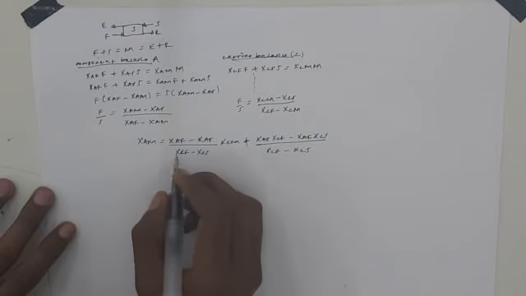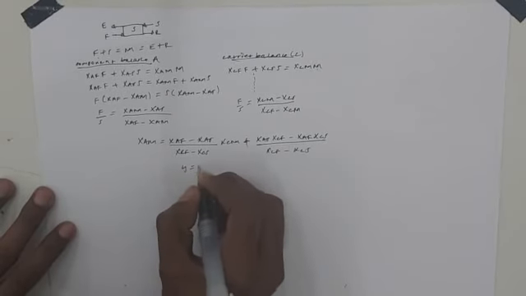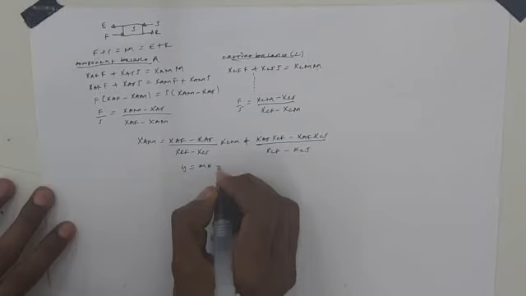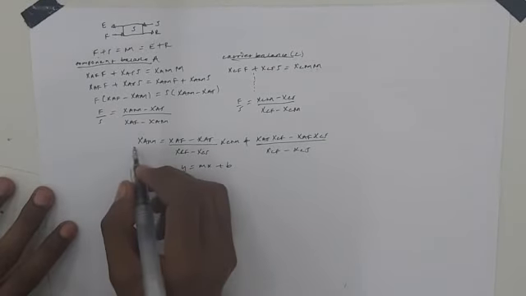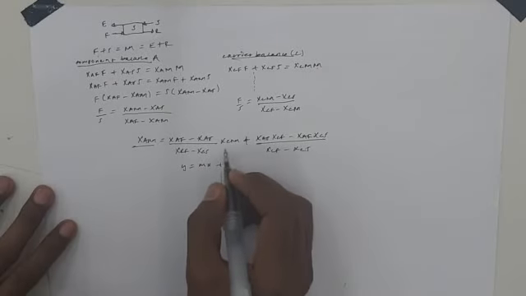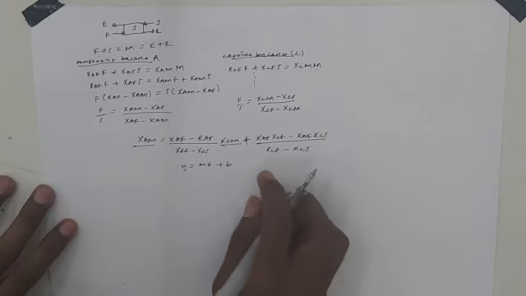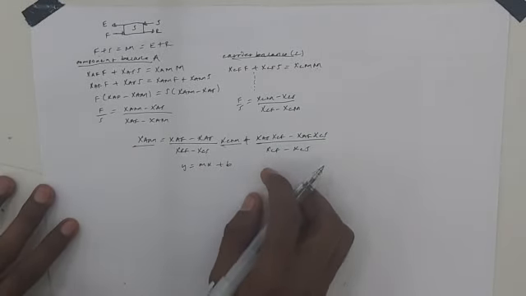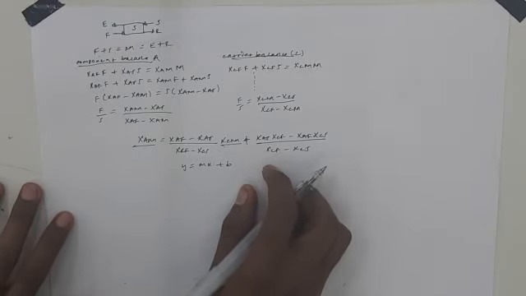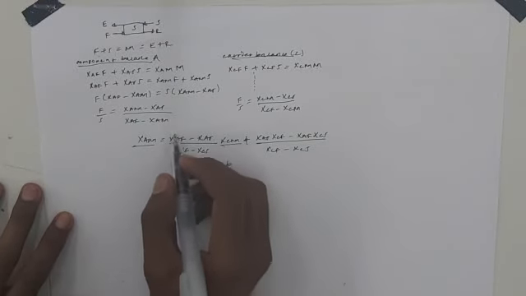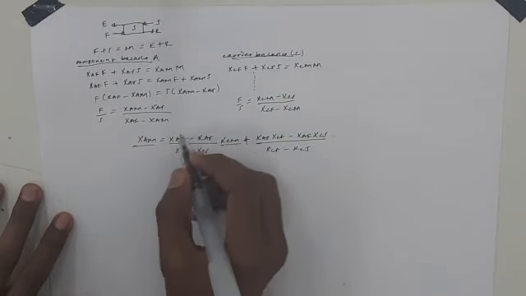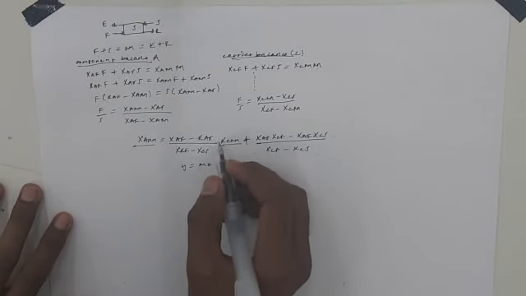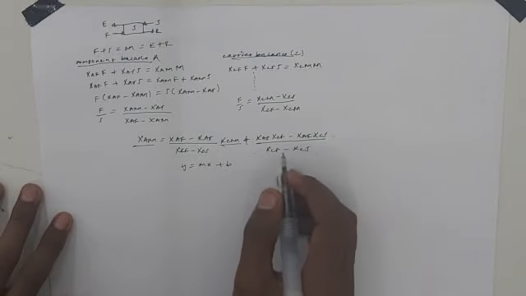So as we see, this equation can be written in the form of y equals mx plus b, the straight line equation form. Okay, so XAM and XCM are the compositions of the solute and the carrier in the mixture, and if we see the slope and the constant b, all are the compositions which belong to the solvent and the feed.